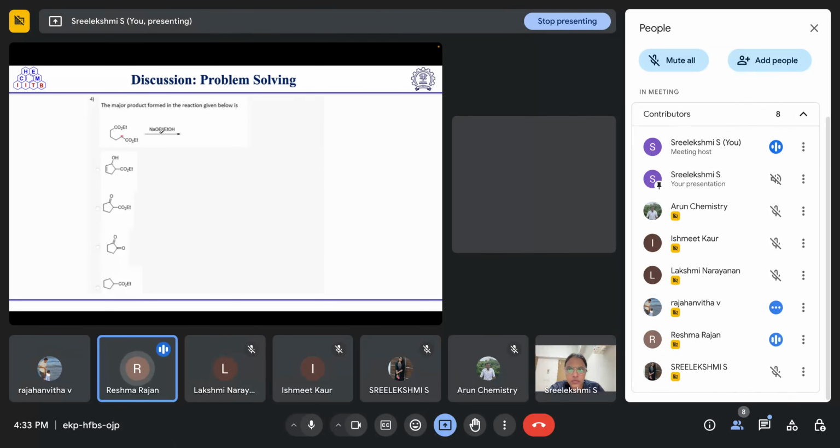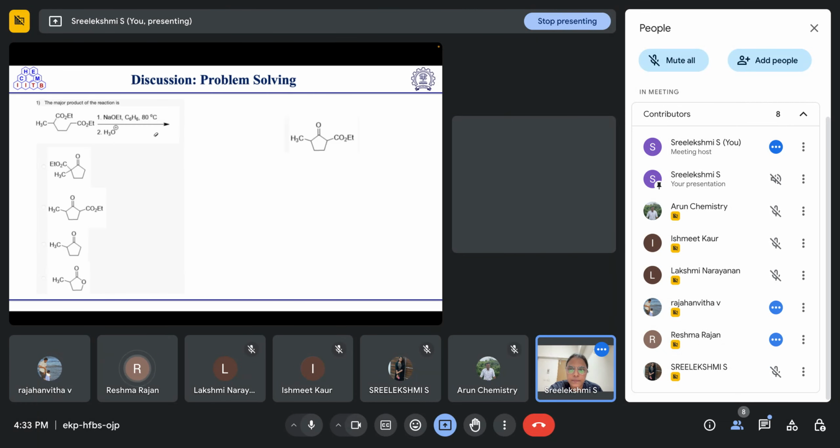Here they haven't mentioned any temperature or other condition. So we don't know at what temperature they are carrying out this reaction, but since there is no other possibility, we are expecting only Dieckmann condensation in presence of base.